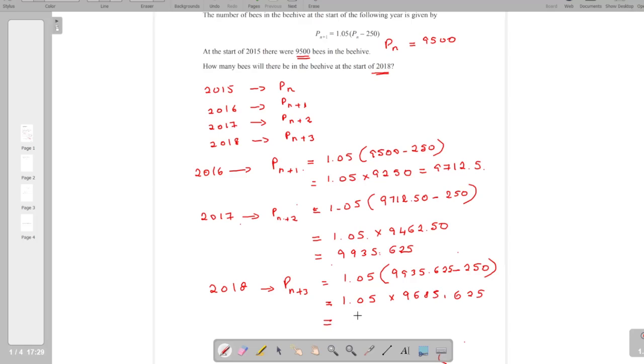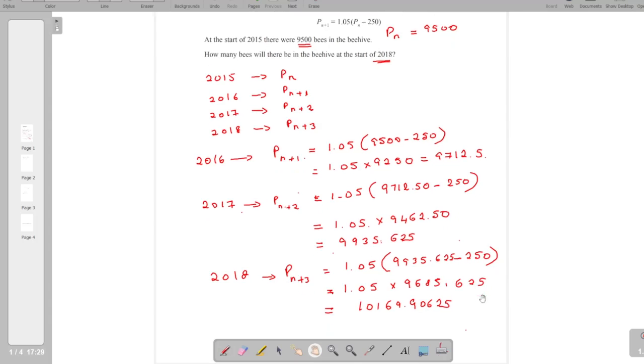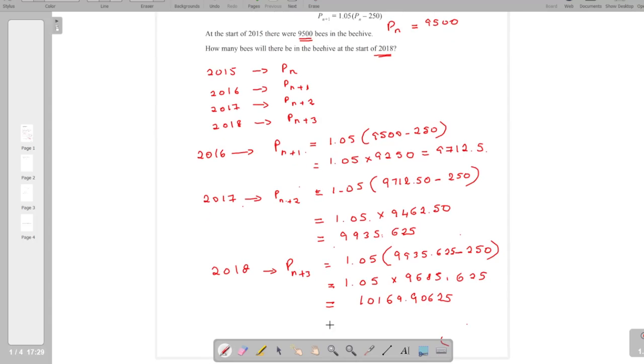That's going to give you 10,169.90625. So if we round to the nearest whole number, that will be 10,170. That's the answer.